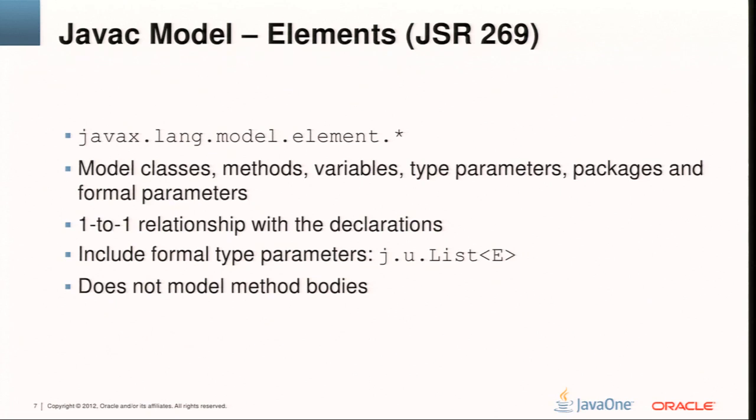It has one-to-one mapping to the source code. It means that each method or each class in a source code has some element in a Javac model. And this part of a Java model goes only to the level of method declarations. It does not go into method bodies.